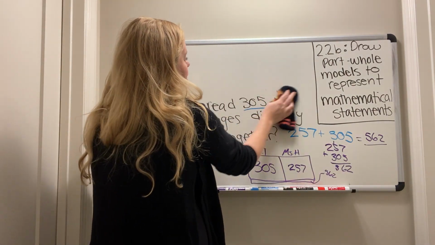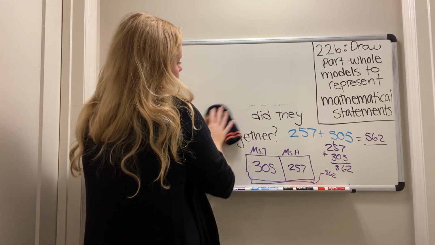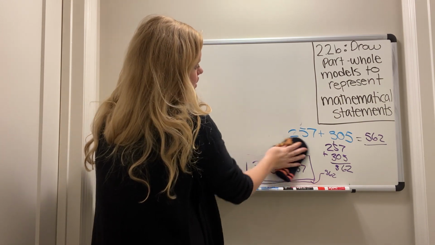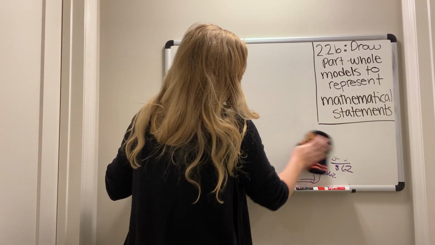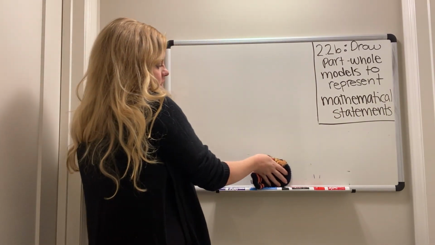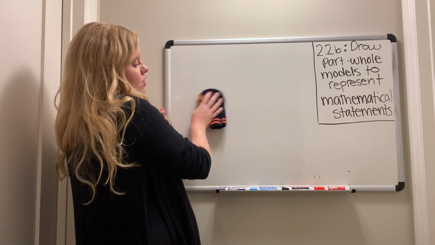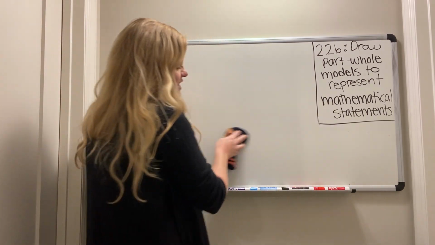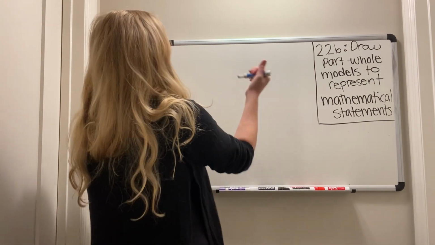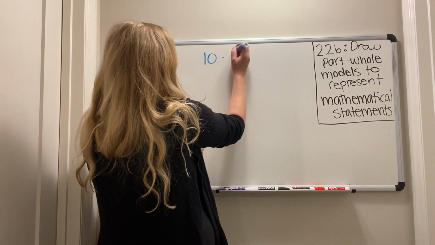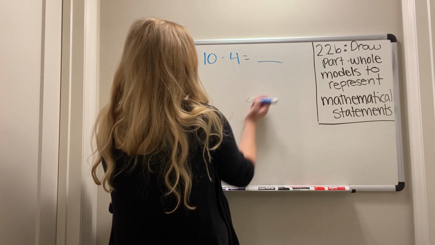So we get that, right? We know how to draw part-whole models to represent mathematical statements. So we just did a few addition problems. What if we had a subtraction problem? What if we had 10 minus 4 equals blank?